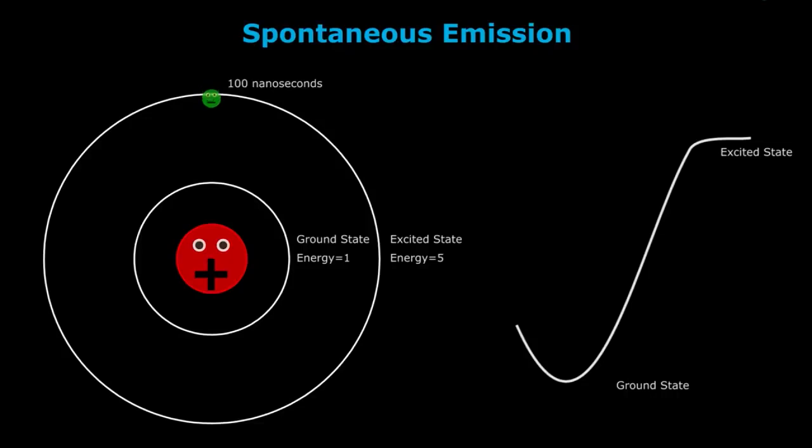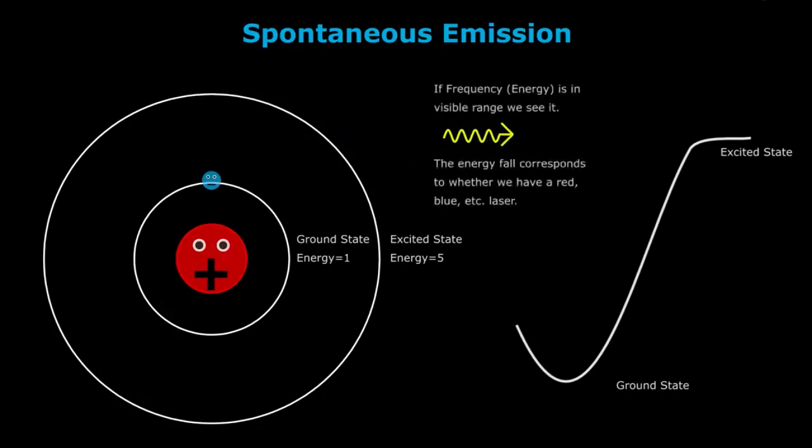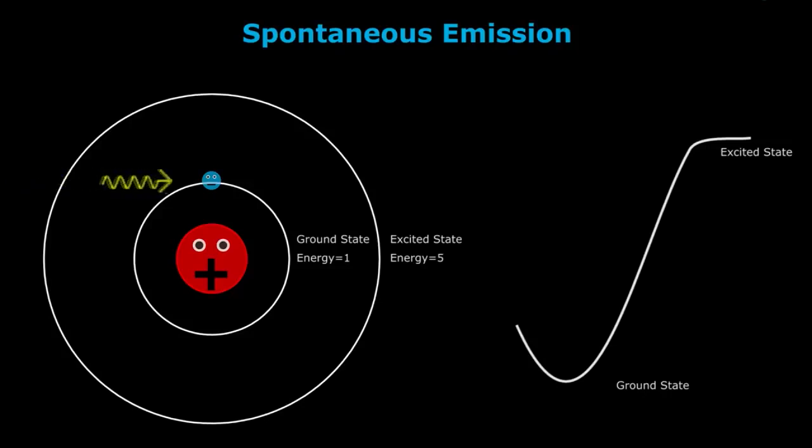When it falls back down it will release a photon with energy equal to the difference in energy levels. The higher the fall, the higher the energy of the photon will be. Should the energy value of the photon that is released be in the visible range, we would perceive it as color.